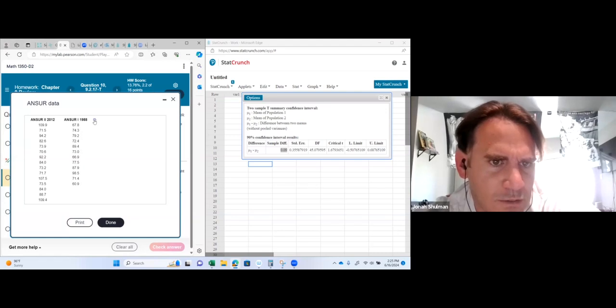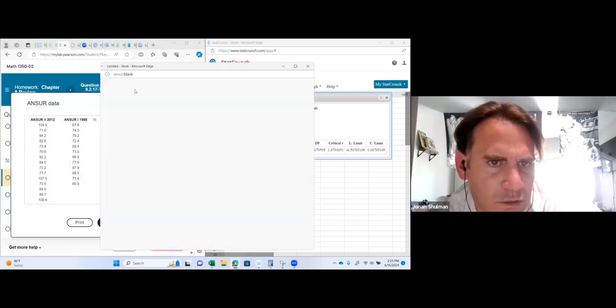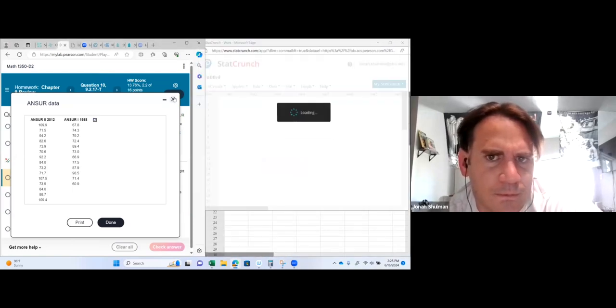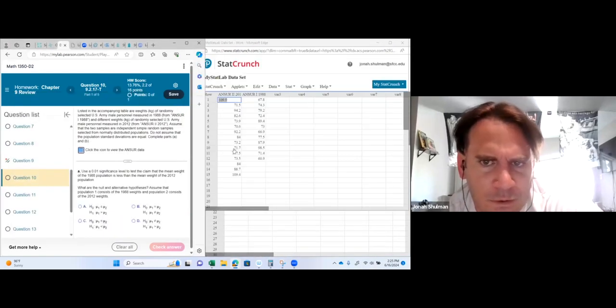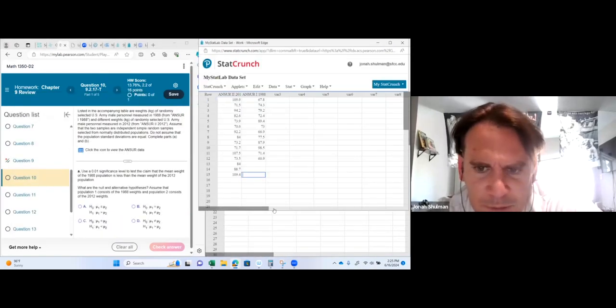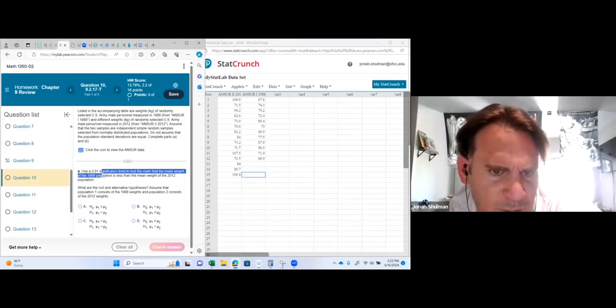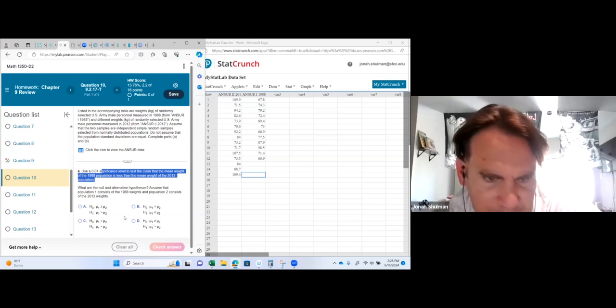We have this data. Just opening it in StatCrunch. All right, so here's our data. Nothing crazy about the data, right? Here's a 0.01 significance. The mean weight of the 1980 population is less than the mean weight of the 2012 population. So we want to know that the first one is less than the second one.